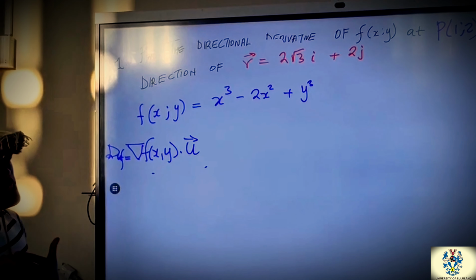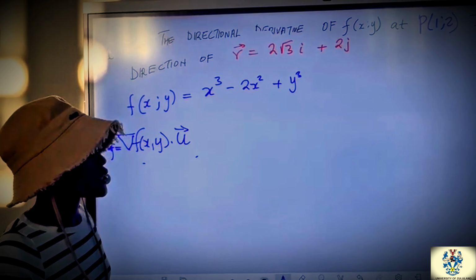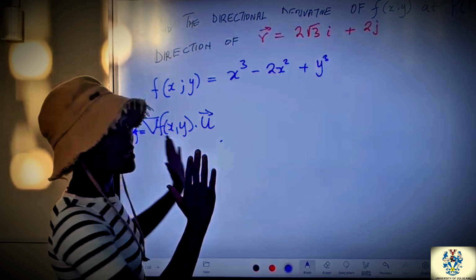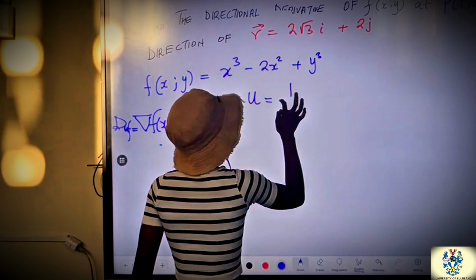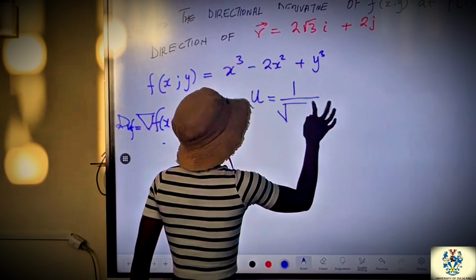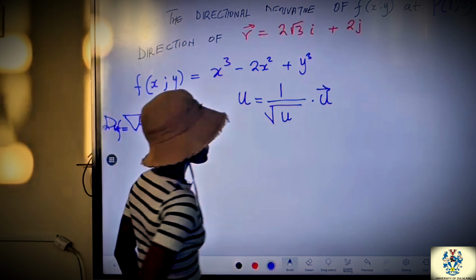So firstly, Mina, I'd like to start with the unit vector. How do we calculate the unit vector? The unit vector u equals 1 over the magnitude of the vector multiplied by that vector.